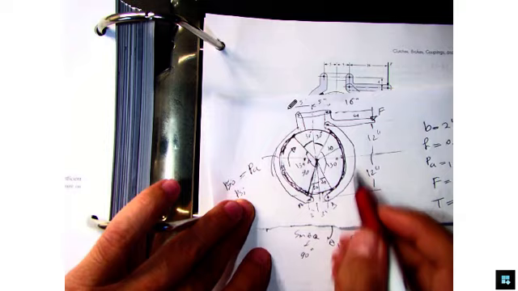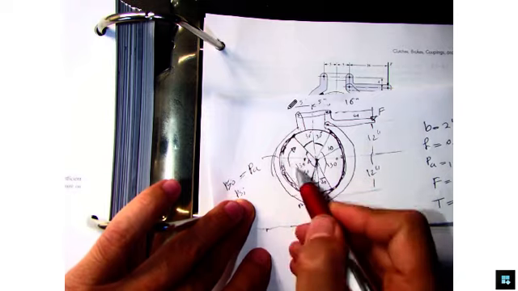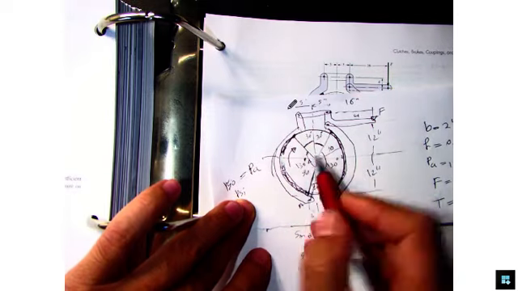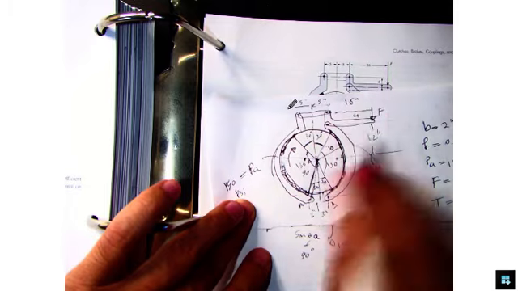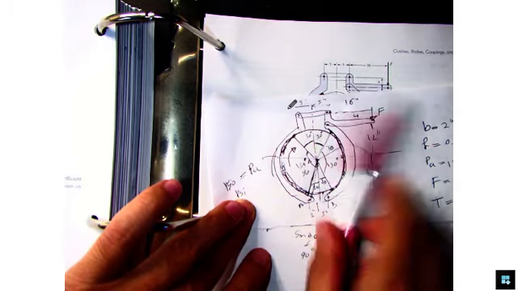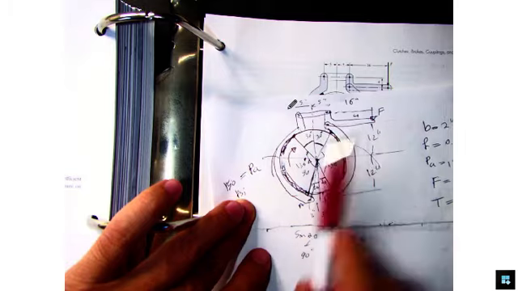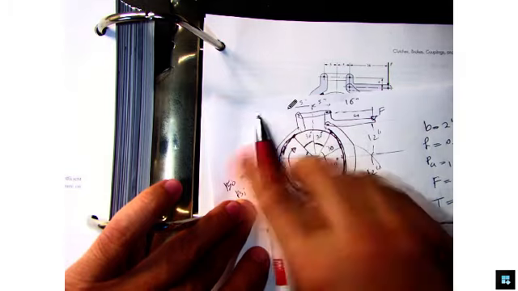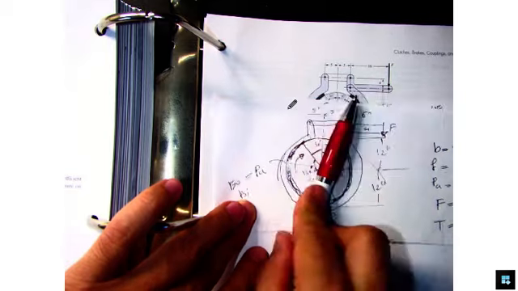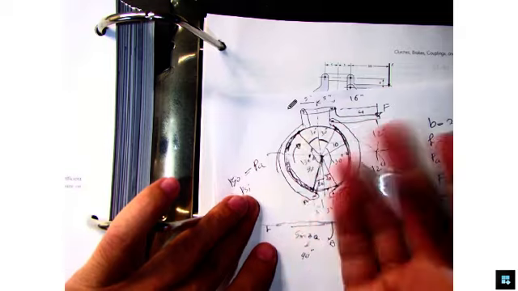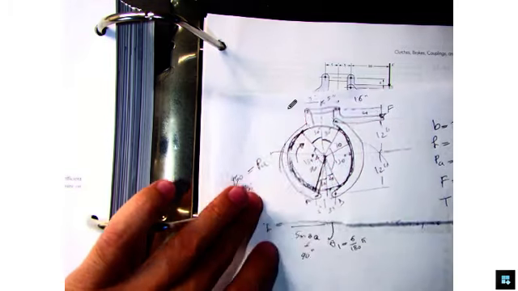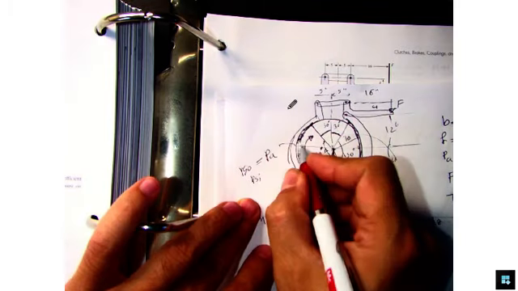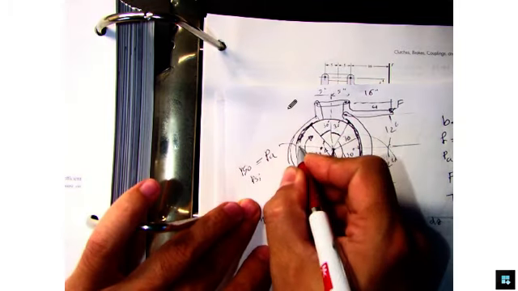My disk is rotating clockwise, so the friction moment for this one is going to try to separate this shoe from the surface of the disk. On this one it's opposite. The friction is going to help press it. So it's obvious the left one is going to be my self-locking one.